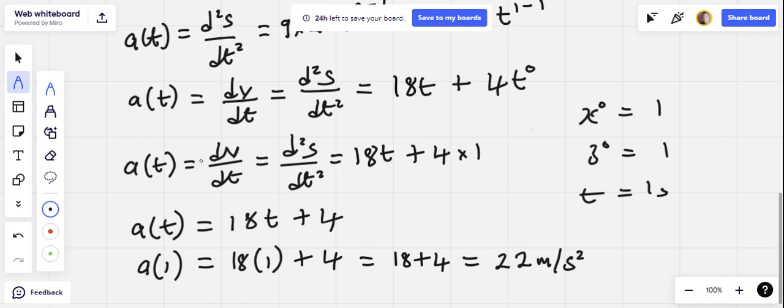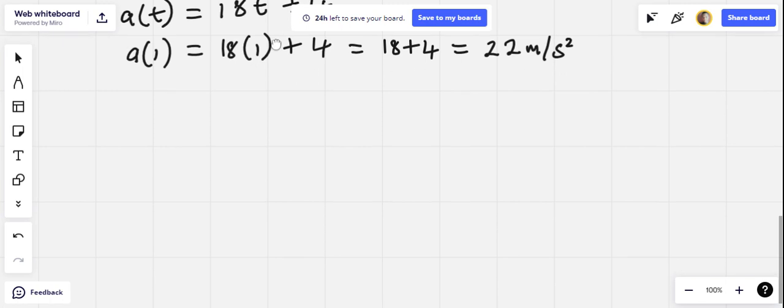So that is how we treat instantaneous acceleration. Let me give you something to see how well you've understood what I've done so far.